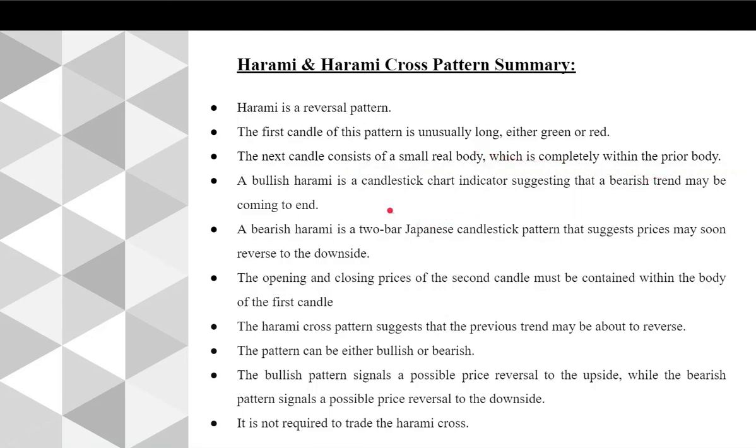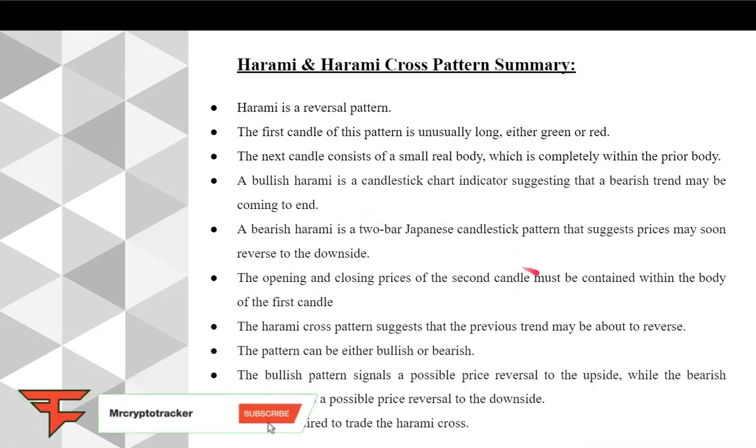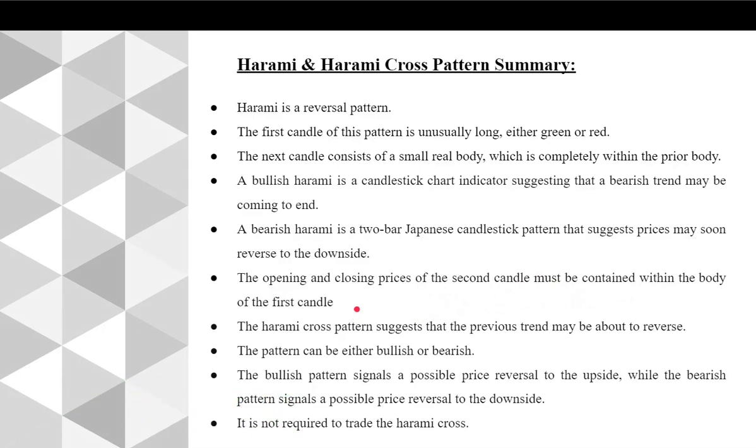A bullish Harami is a candlestick chart indicator suggesting that a bearish trend may be coming to an end. A bearish Harami is a 2-bar Japanese candlestick pattern that suggests prices may soon reverse to the downside. The opening and closing price of the second candle must be contained within the body of the first candle.